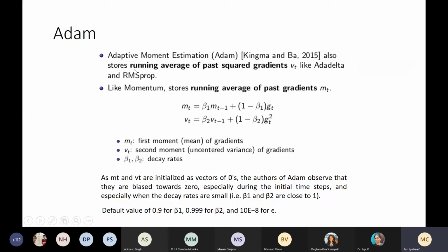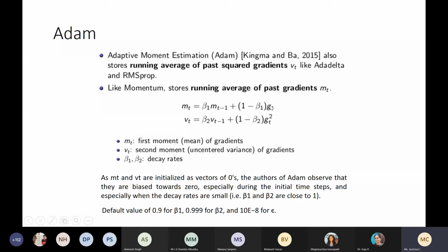In the formula, GT square finds the average of the squared gradients. And this formula MT is the same as momentum. It looks at the running average of past gradients.